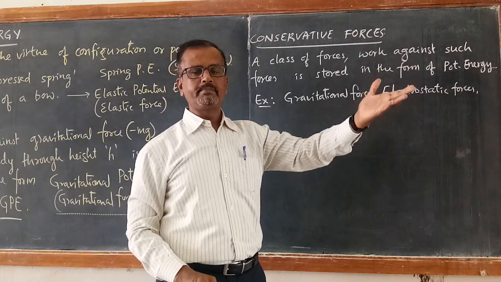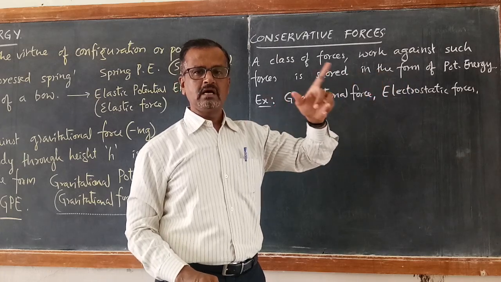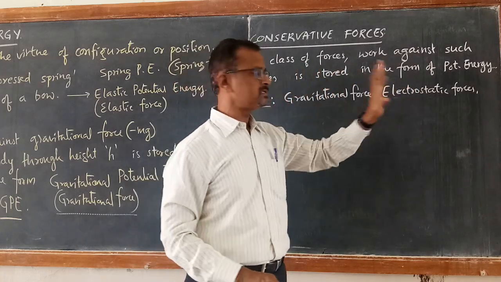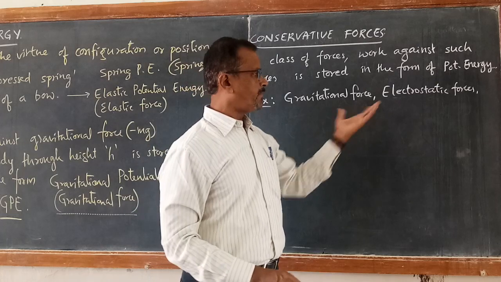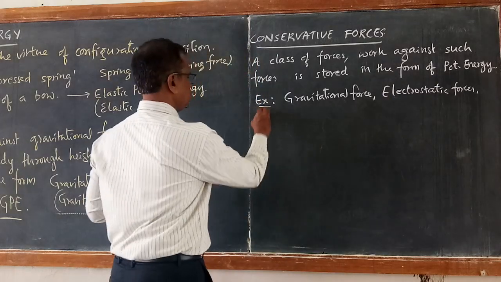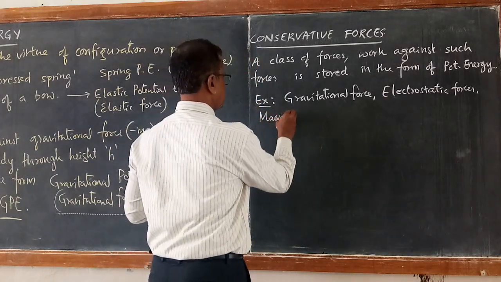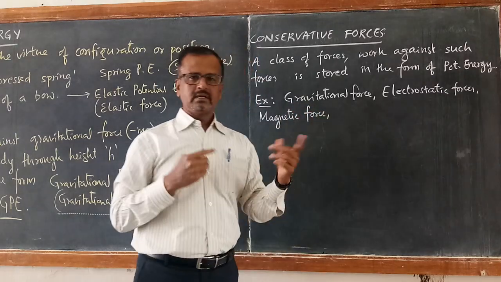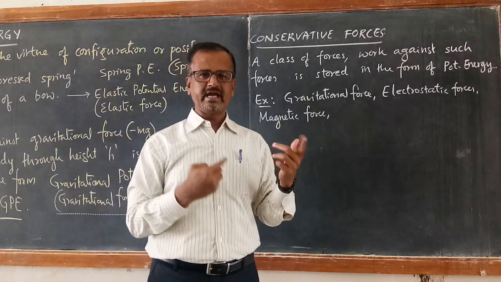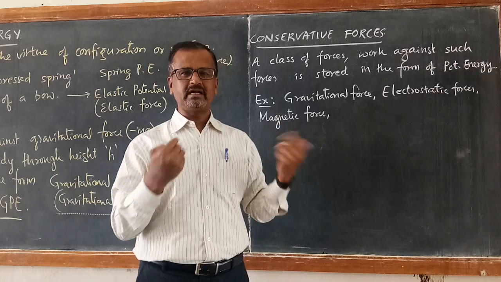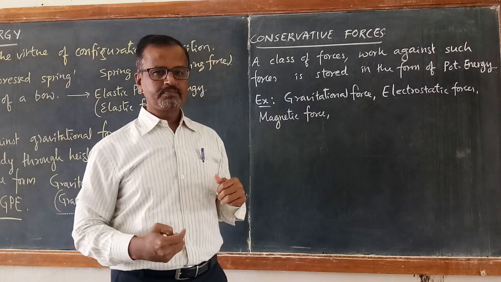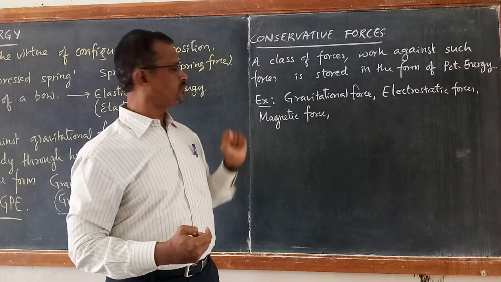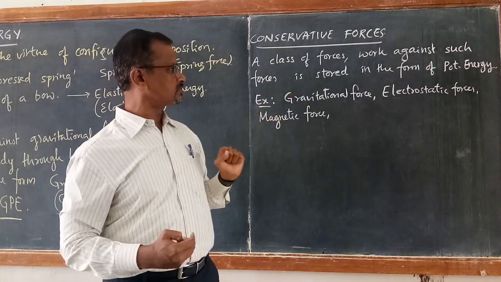So both repulsive force as well as attractive forces are clubbed together as electrostatic forces. Magnetic force between like poles and unlike poles: like poles repel each other, unlike poles attract each other. So these are also a class of forces called conservative forces.